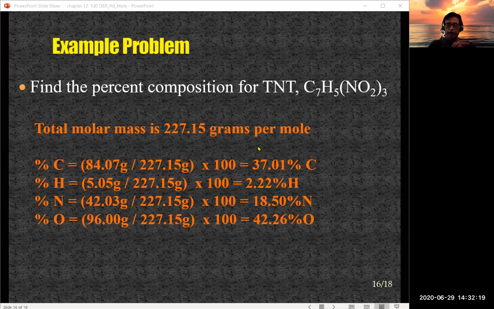Divide each one of those by the molar mass times 100, and TNT consists of 37.01% carbon, 2.22% hydrogen, 18.5% nitrogen, and 42.26% oxygen. Okay, and that is a percent composition of trinitrotoluene, otherwise known as dynamite.